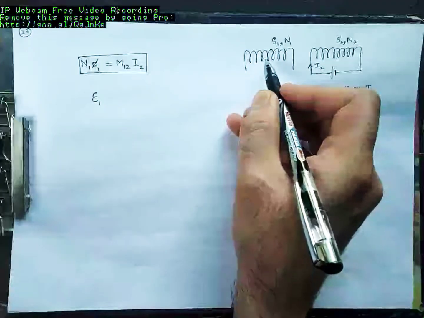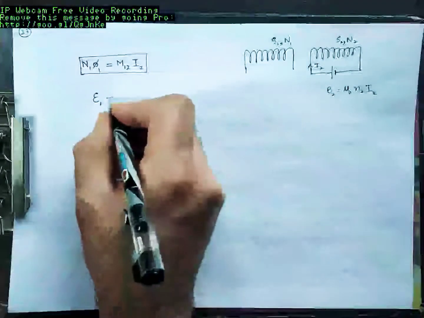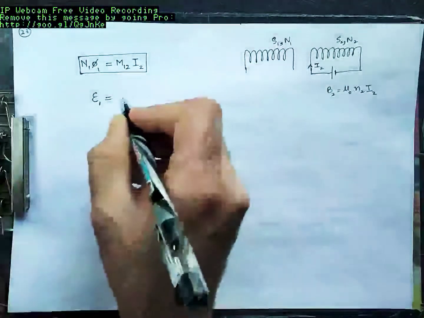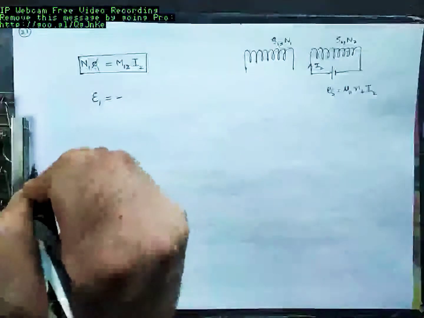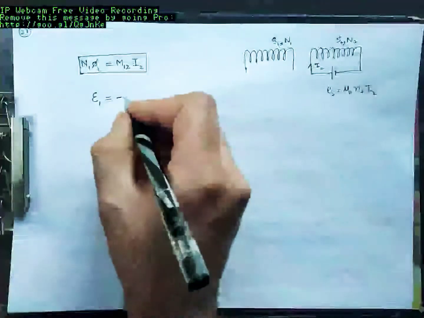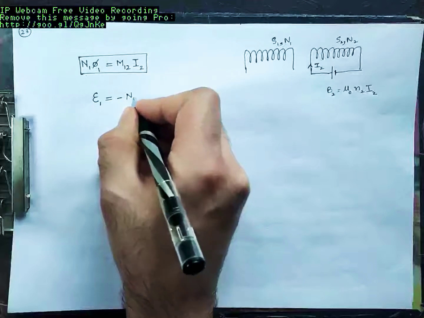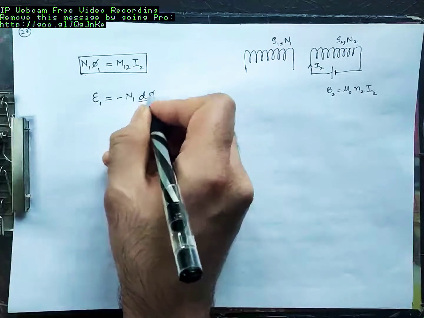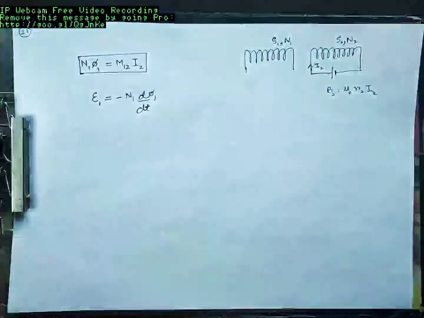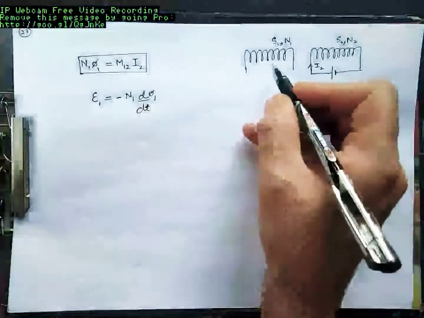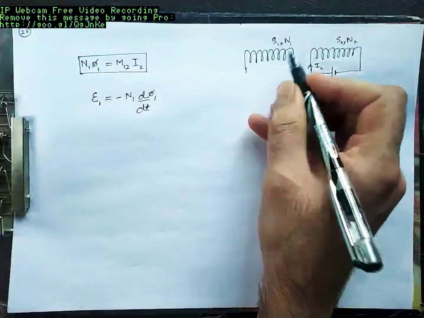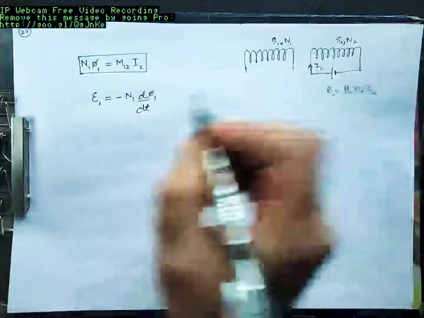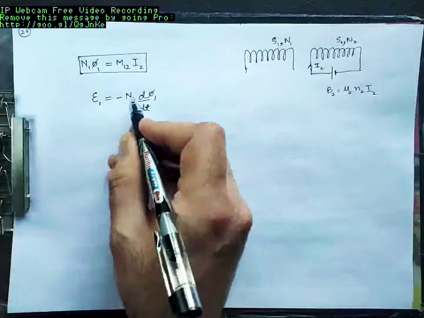in solenoid 1 is equal to, minus from Lenz's law, N1, the number of turns, into d phi by dt, where phi is the flux. So the induced EMF across this coil is E1 equal to minus N1 d phi by dt.